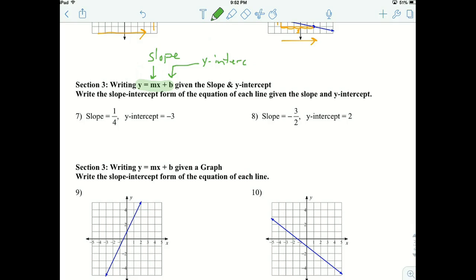It is the point on your graph where your line intersects or crosses the y-axis, which is the up and down line on the graph. So the y-intercept is that place where it crosses. The slope is how steep the line is, or how quickly the line changes in its y value compared to its x value.